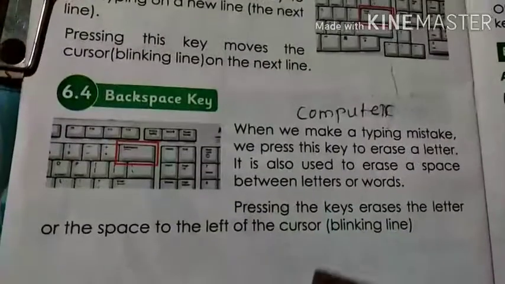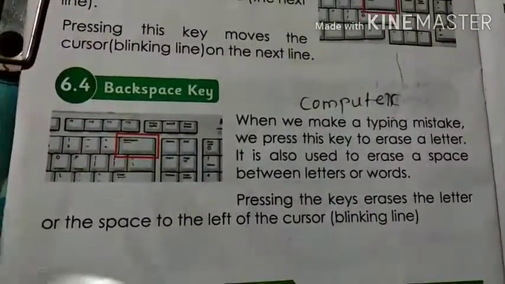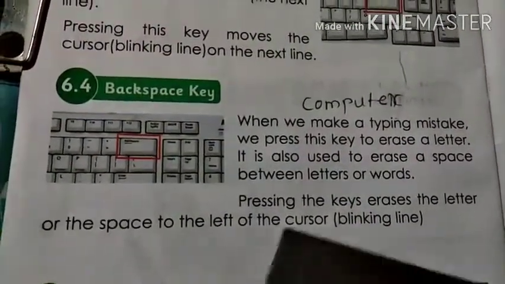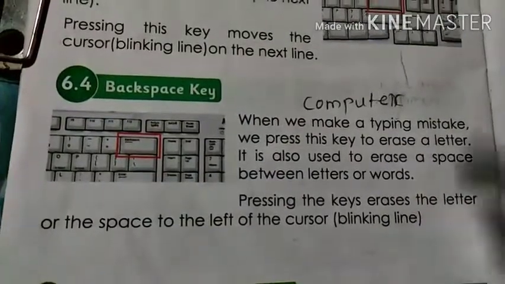It is also used to erase the space between letters or words. If by mistake you give a space, it will help you to erase the space as well. Pressing the key erases the letter or the space to the left of the blinking cursor line.